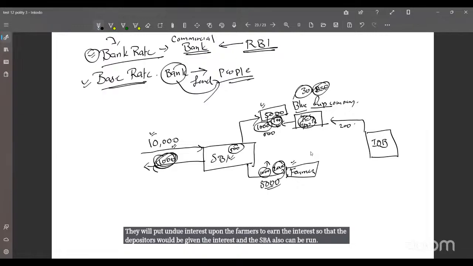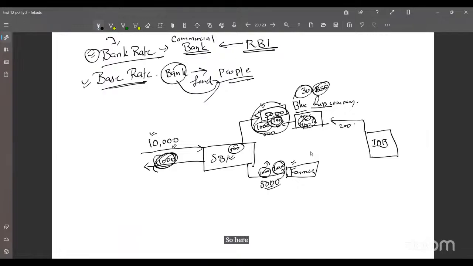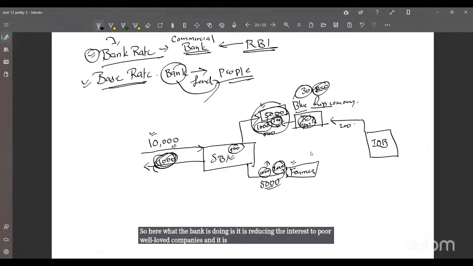So here, what the bank is doing is reducing the interest for well-off companies and putting much pressure upon the farmers and poor loanees to compensate the losses. Are you getting the point? இது பண்ணுவாங்க.